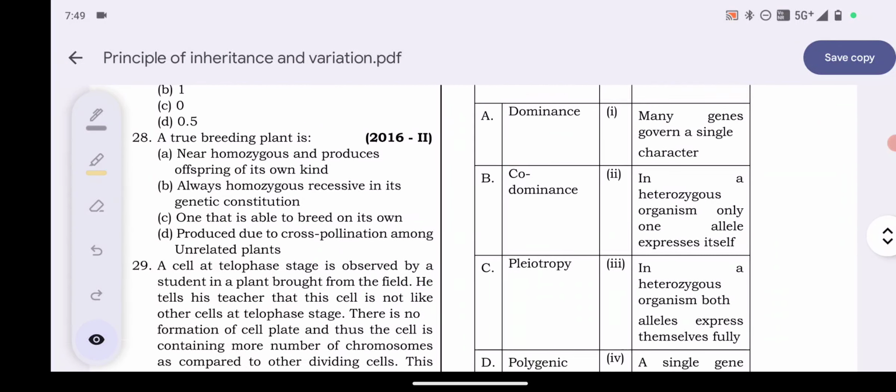Second, in a heterozygous organism, only one allele expresses itself. So here it goes to dominance.